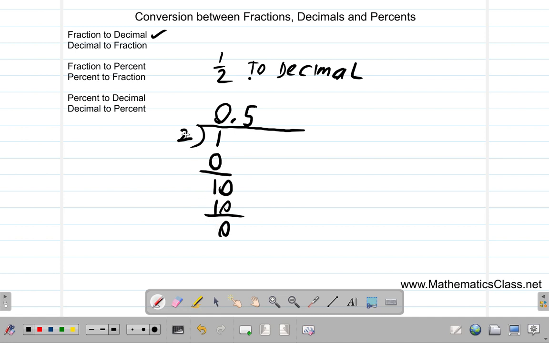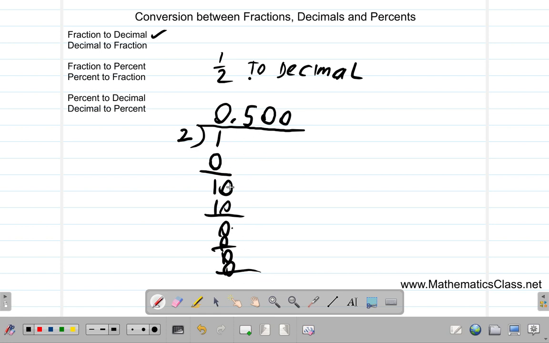Because you're going to say 2 into 0 goes 0 times. 0 times 2 is 0. 0 minus 0 is 0. You multiply 0 by 10, you get 0. 2 into 0, 0 times. So you just repeat yourself.